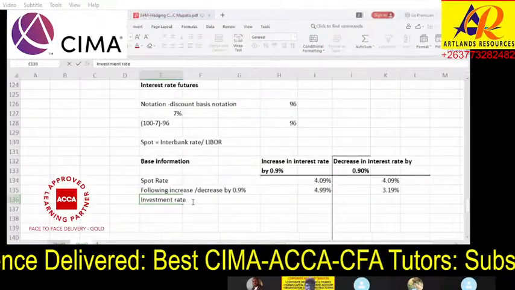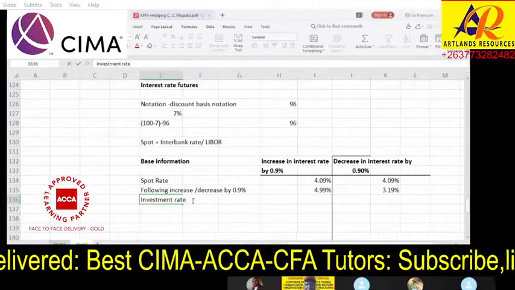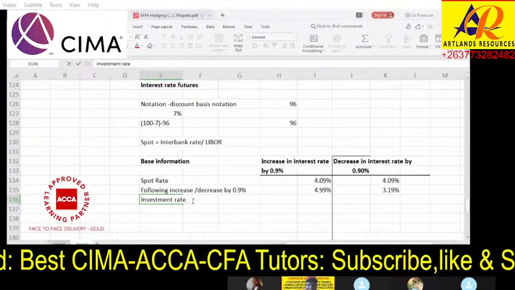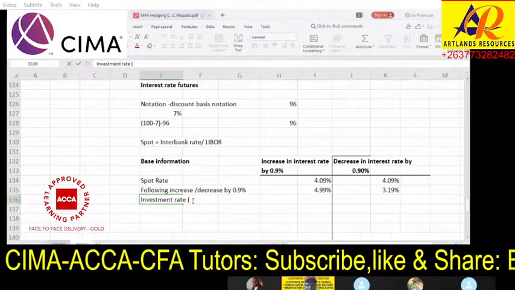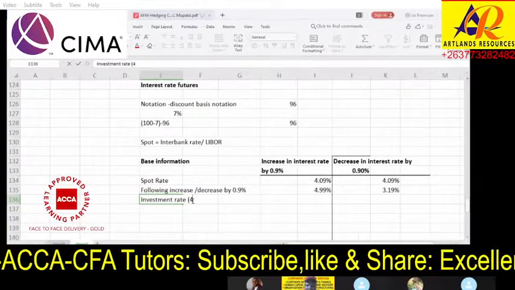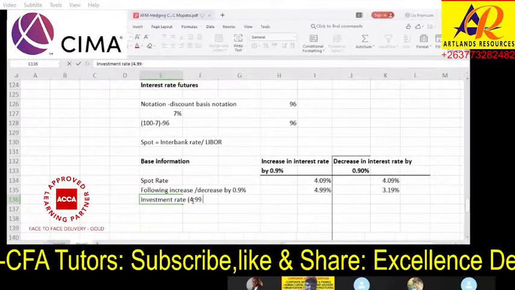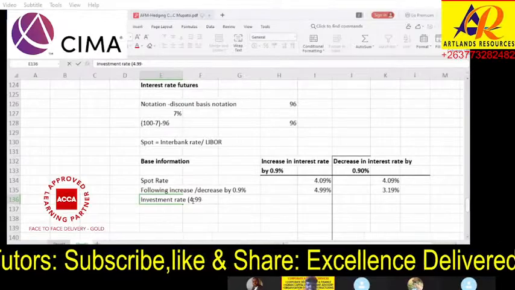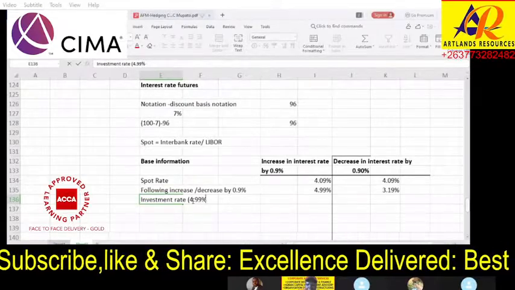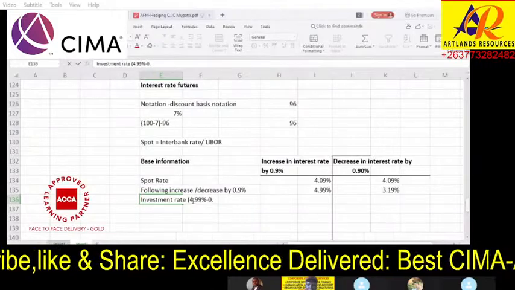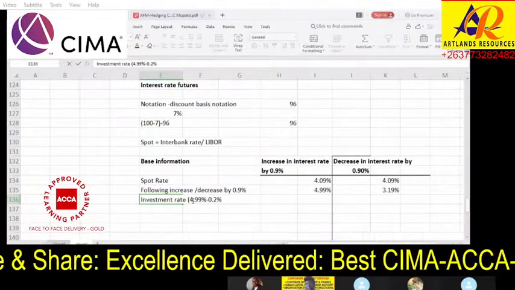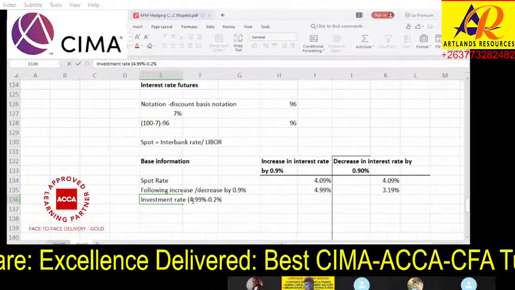So the investment rate for A1 is 4.99% minus 20 basis points, which is 0.2%. Remember, 20 basis points is 0.2%.